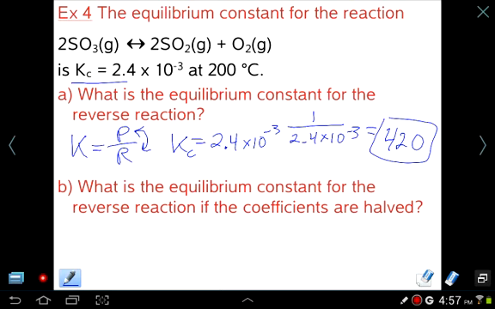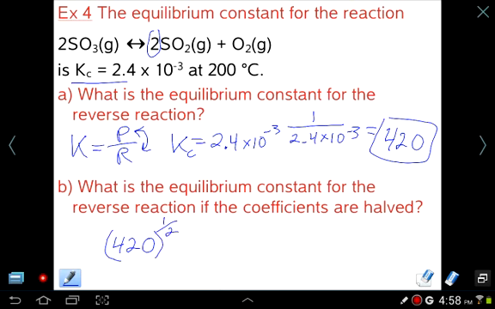Here it says, what is the equilibrium constant for the reverse reaction if the coefficients are halved? So now we're cutting the coefficients in half. And remember, whatever we do gets reflected in the power, because the coefficients went into the power of our equilibrium constant. So now we're taking our equilibrium constant and raising it to the power of whatever we did. In this case, we halved it.